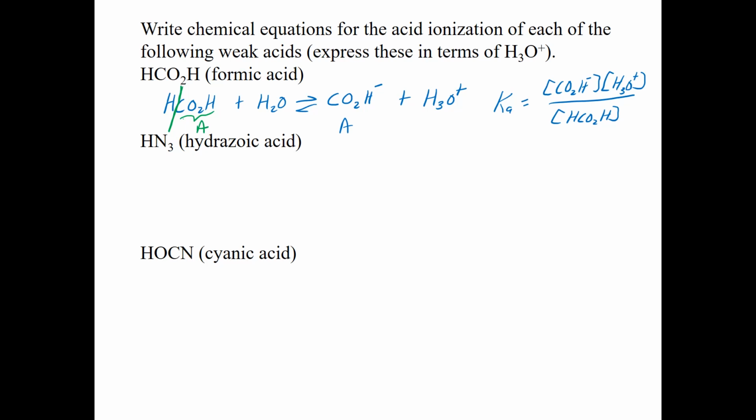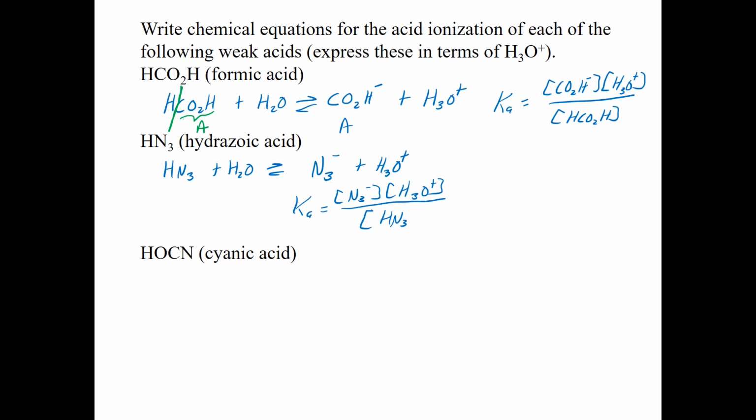I would stop the video and try to do these next two on your own, but then I'm going to walk through them. Okay, so I have HN3 plus water, the double arrows. My A is just going to be my N3 minus, N3 with a negative, plus the H3O plus. And then the Ka expression for this is going to be the N3 minus times H3O plus divided by HN3.